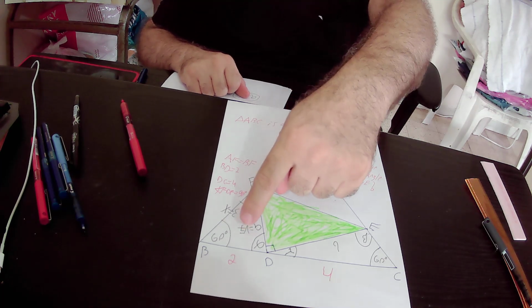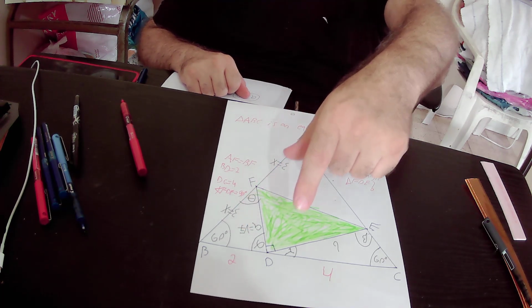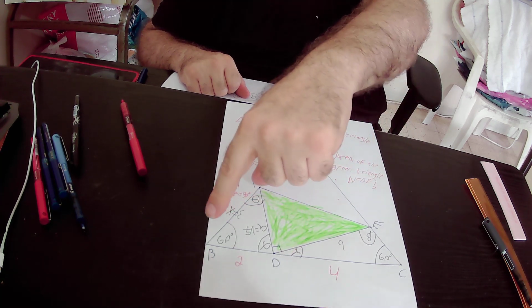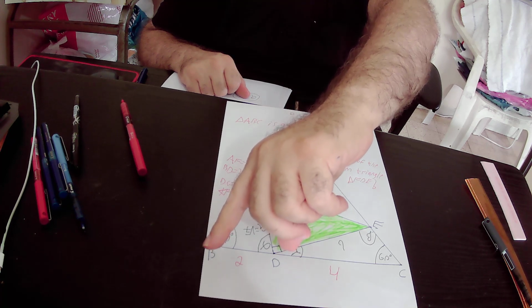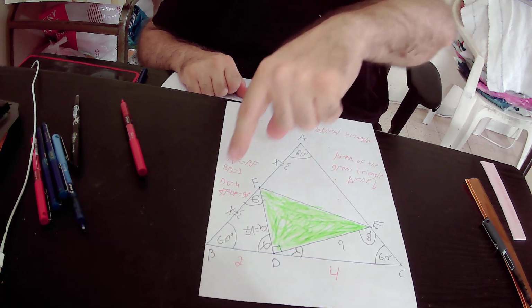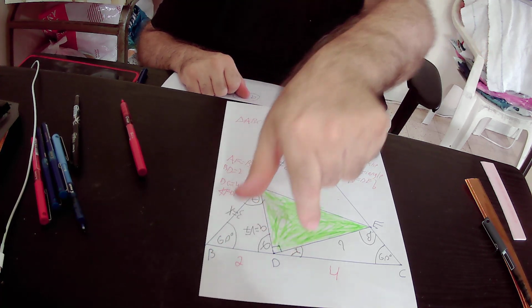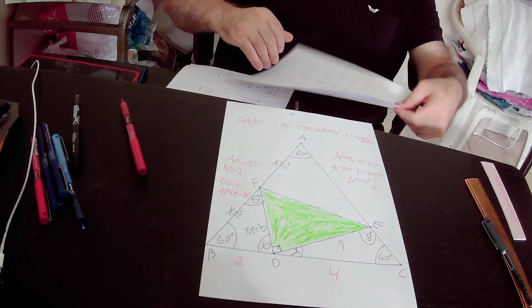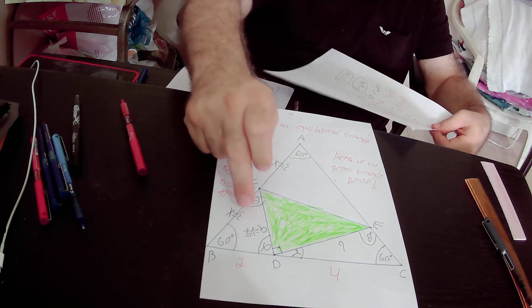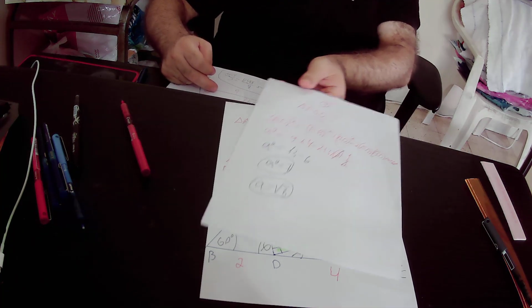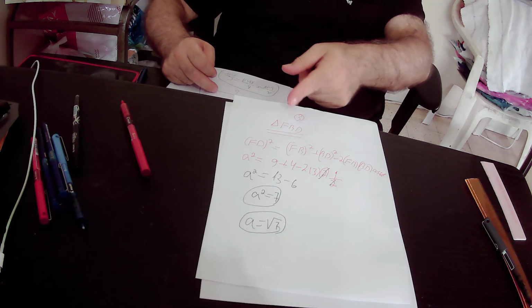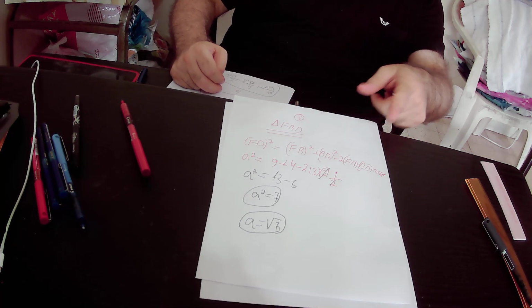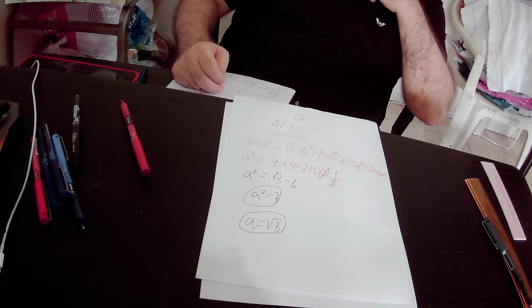According to the law of cosines, FD square equals FB square plus BD square minus 2 times BF times BD times cosine 60 degrees.